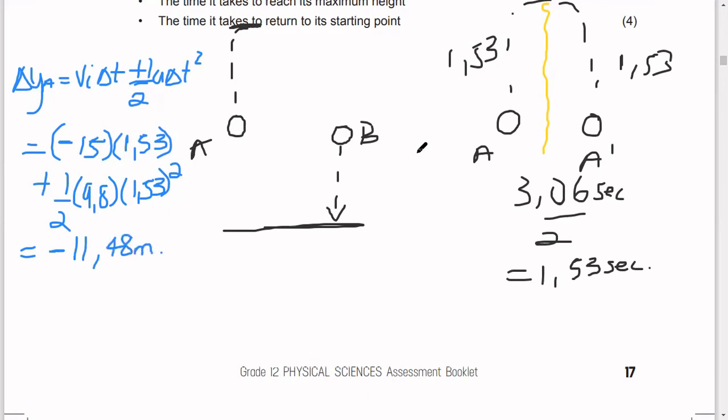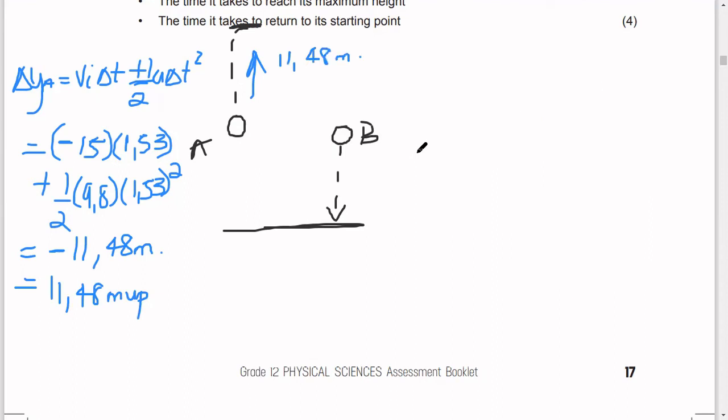It's displacement, not distance, therefore displacement does have a direction. The ball is moving upwards in the opposite direction of positive, so it's actually 11.48 meters up.